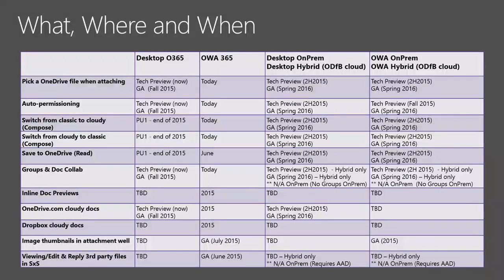We also, in this particular case, we've had some people say, hey, when I know I'm sending it outside the tenant as a Cloudy Doc, it would be really great if I had an option to convert that to a classic attachment as it's going outside because, hey, I just want them to get a classic attachment. So that's a very interesting thought, too, about how we could potentially help users who want to say, hey, it's going outside the tenant, maybe you want to send it as a classic attachment.